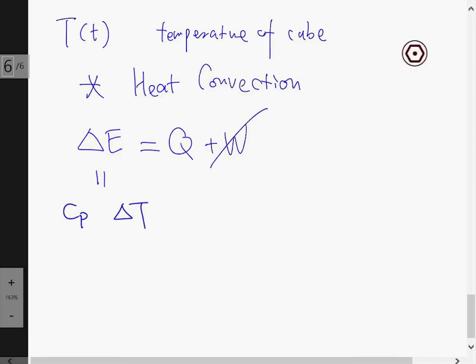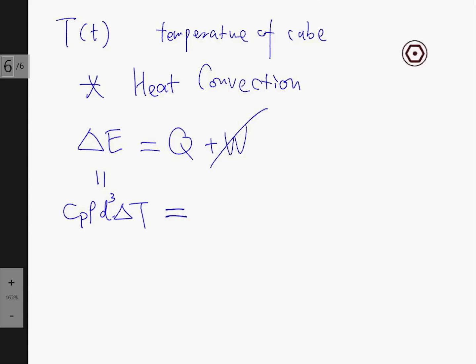Cp times the mass, right? And the mass, although we don't know exactly what it is, we can look up the density of the aluminum and the cube of the size of the cube, right? So this is going to give us the change in energy.